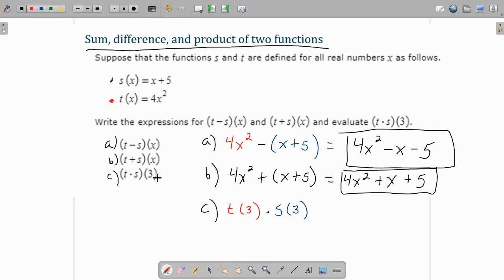So t of 3 would be 4 times 3 squared. That's one piece. And s of 3 would be 3 plus 5. All right. So 3 squared is 9. 9 times 4 is 36. So we get 36 times 8.